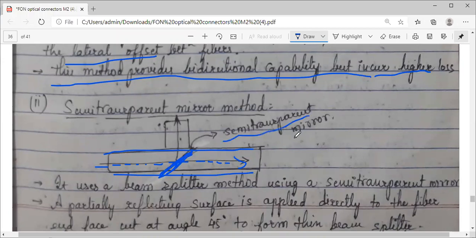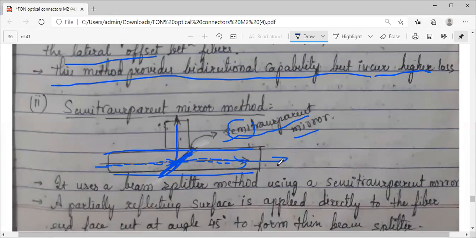So there is a semi-transparent mirror which is kept here. Whenever the propagating light hits this mirror, it is not completely transparent. It is semi-transparent, so partial reflection takes place. Some amount of light will move in this direction and the remaining will move ahead.